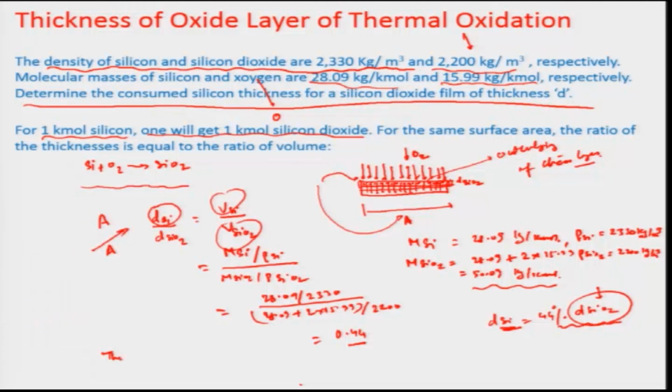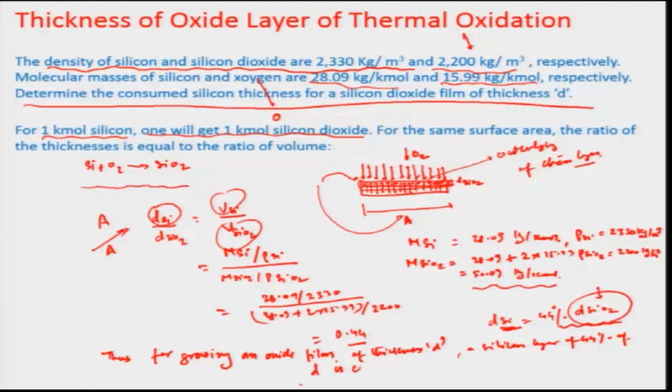Thus, for growing an oxide film of thickness D, a silicon layer of 44% of D is consumed.